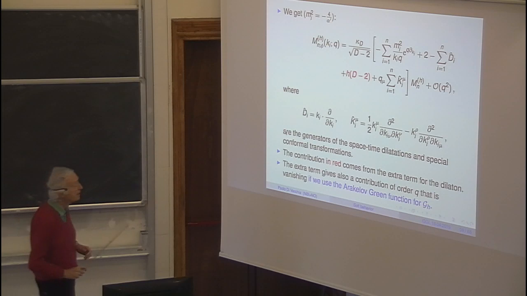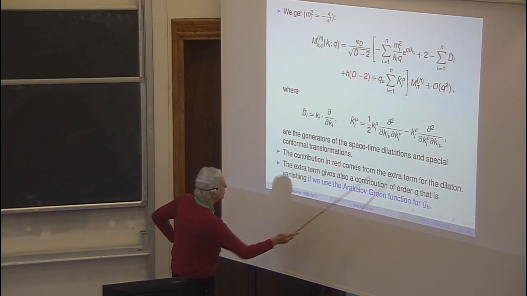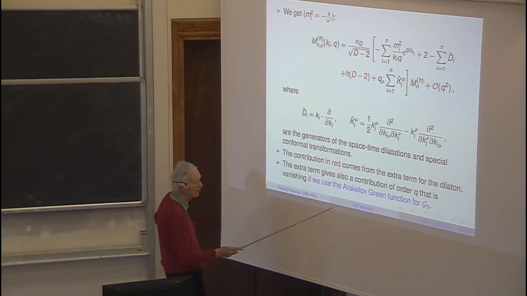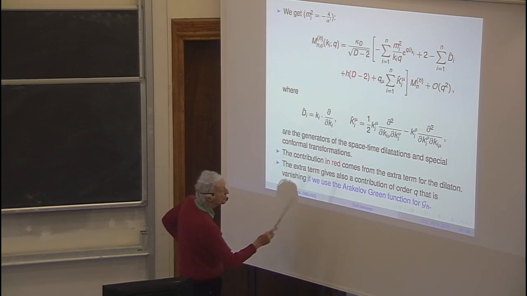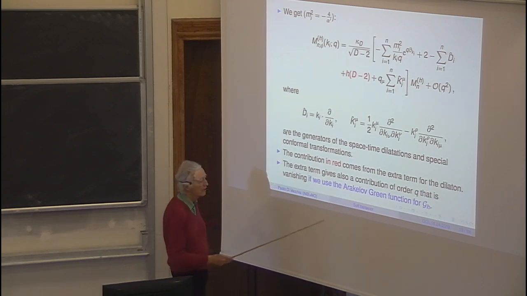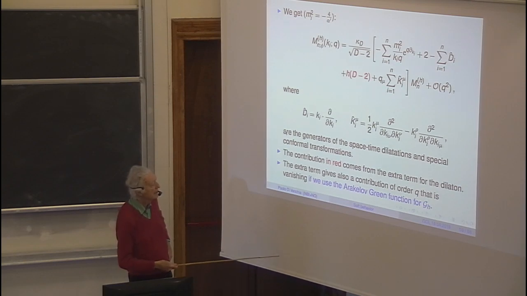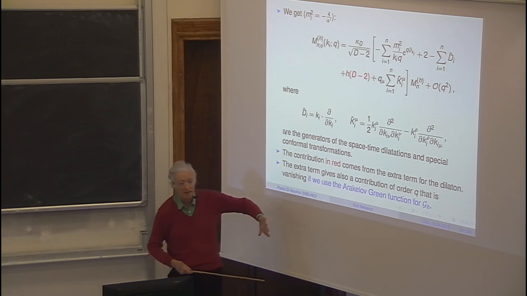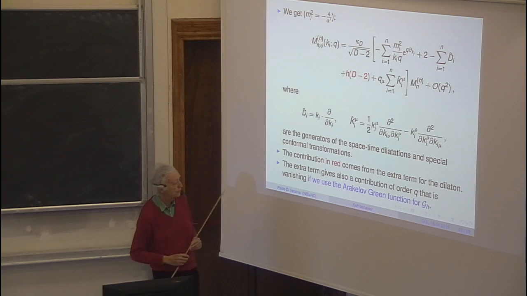Now, the contribution of the q, and I will come to that later on, if instead you use the Arakelov Green's function, then the difference between the Arakelov Green function and the other Green function disappears because we are on shell, because of momentum conservation.